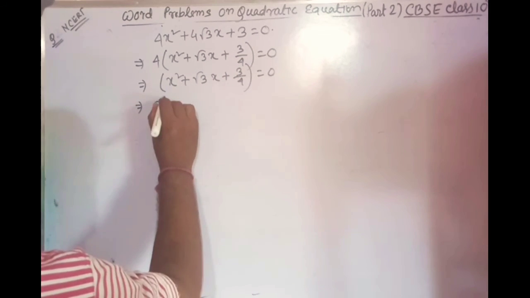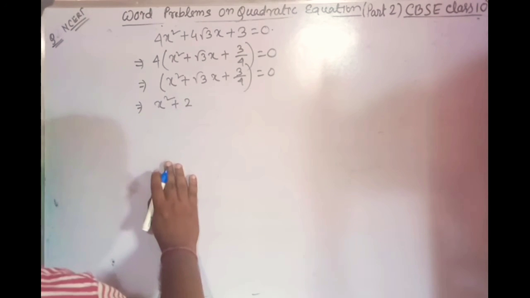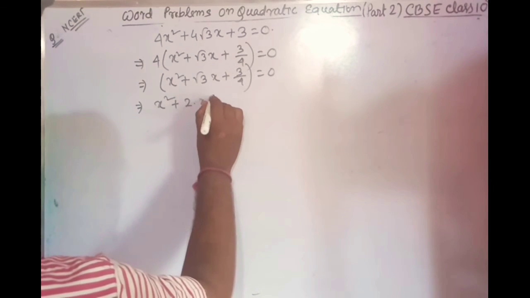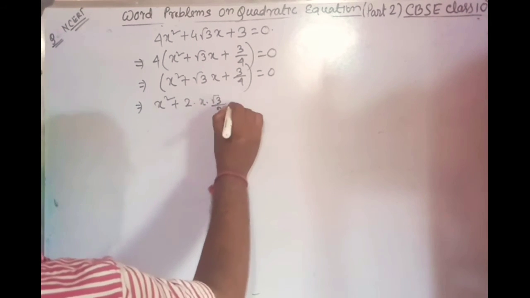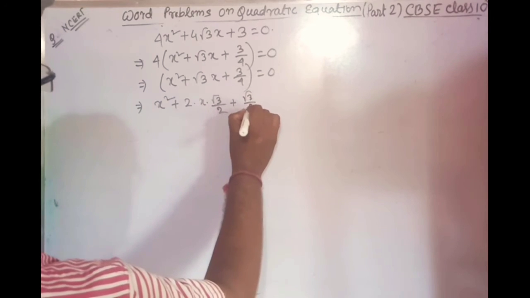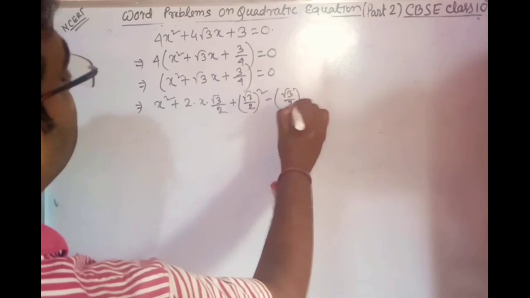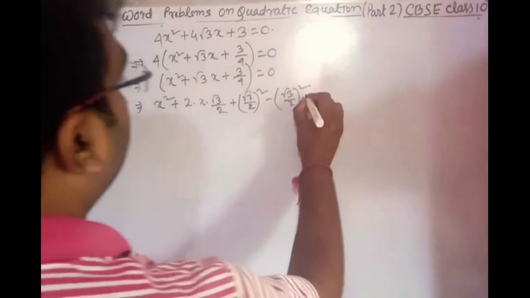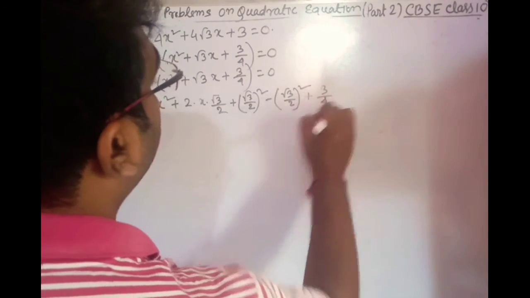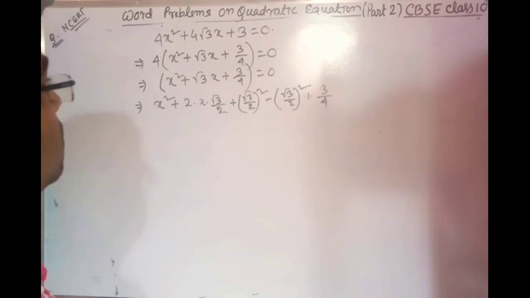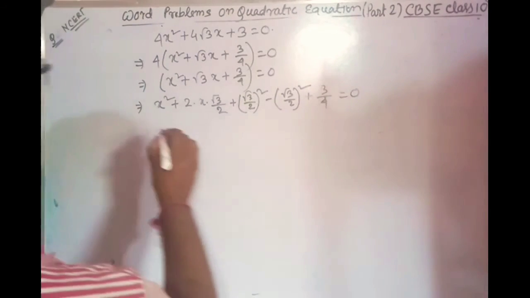Now we write x square plus 2 into x into root 3 by 2, adding root 3 by 2 whole square and subtracting root 3 by 2 whole square, plus 3 by 4 equals 0. Understood?